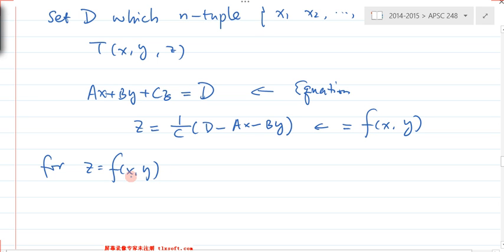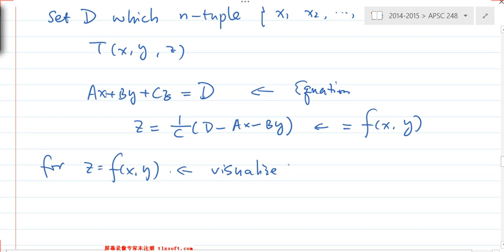Because if I plug in an x and y value, I get a z value. Another x, y, I get another z. If you connect all together, you get a surface. So we can visualize that.